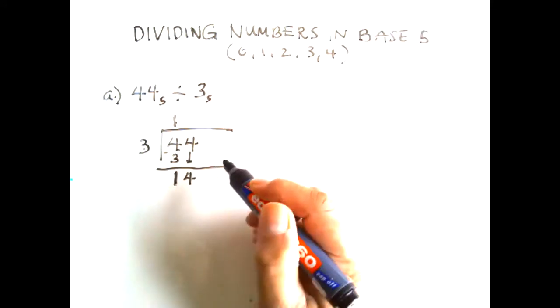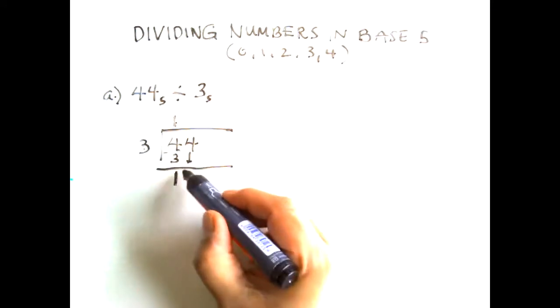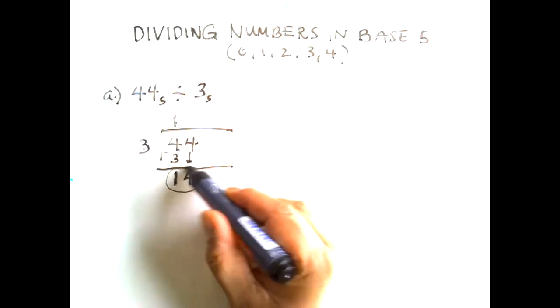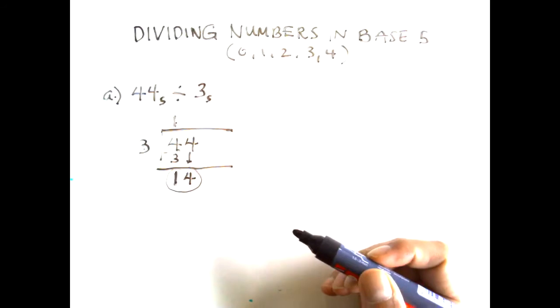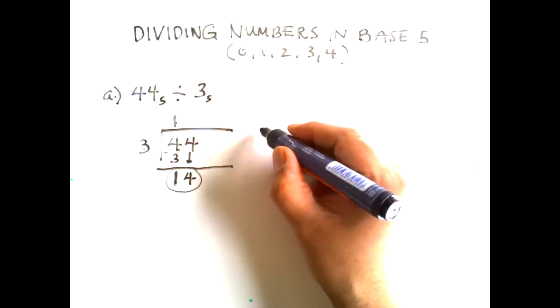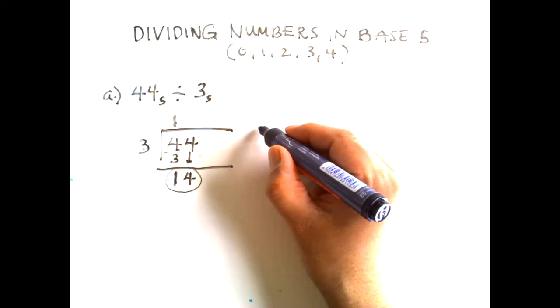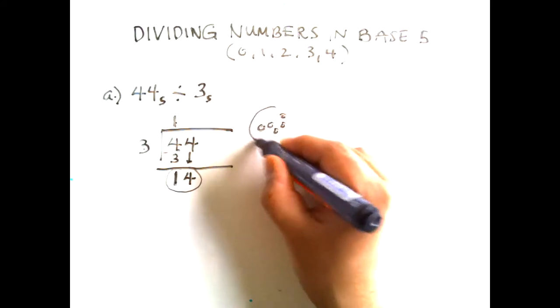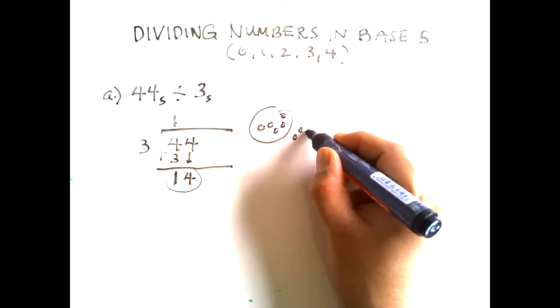And so the next question is how many 3's go into 1, 4? It's really interesting. What is this 1, 4? Well, that will be one group of 5: 1, 2, 3, 4, 5, and 4 outside: 1, 2, 3, 4.